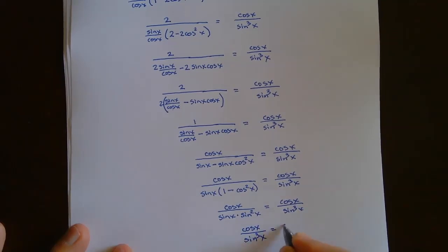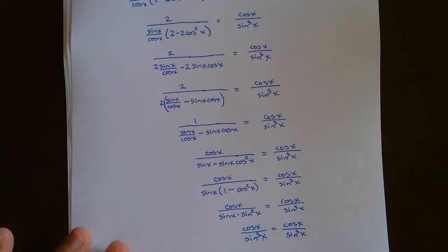We proved that the left side and the right side are equivalent because we didn't move anything from one side to the other. We just worked on one side and everything was equivalent statements. And I want you guys to know this: I did not know where we were going to go with this.